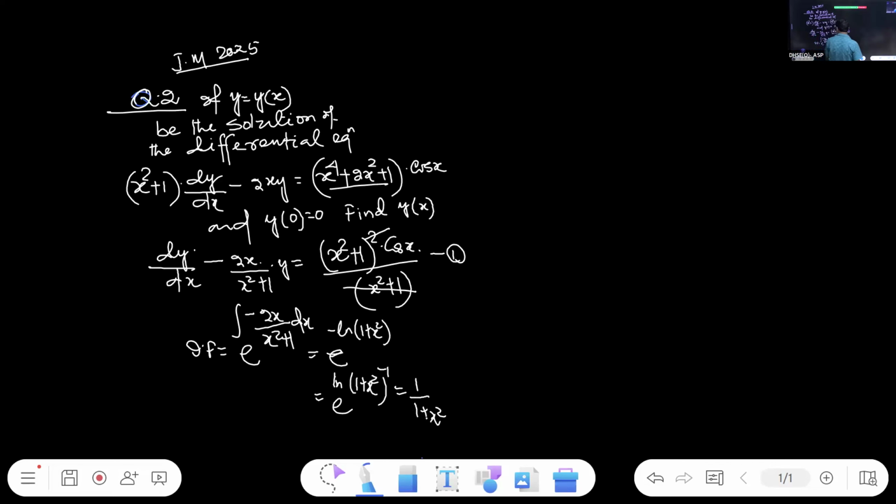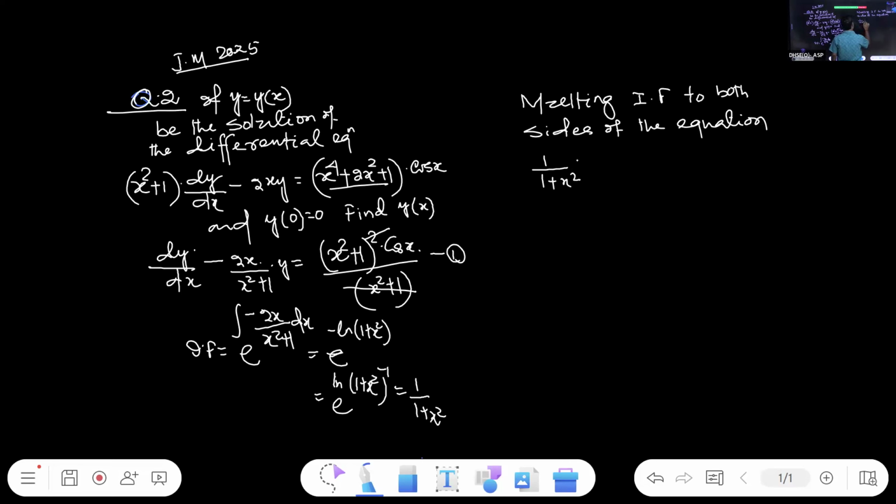Now multiplying IF to both sides of the equation, the left hand side of the equation will be 1 upon 1 plus x square into dy upon dx minus 2xy upon 1 plus x square whole square, equal to x square plus 1 into cos x upon x square plus 1.